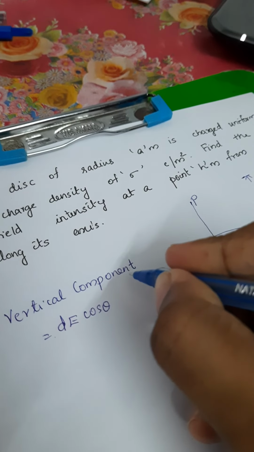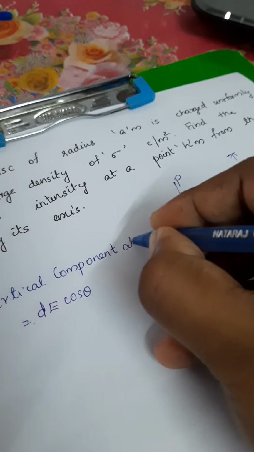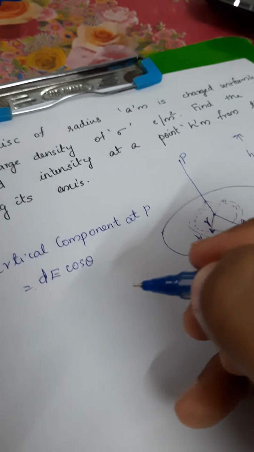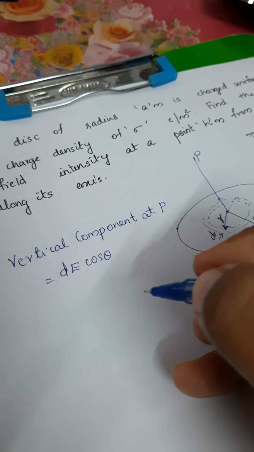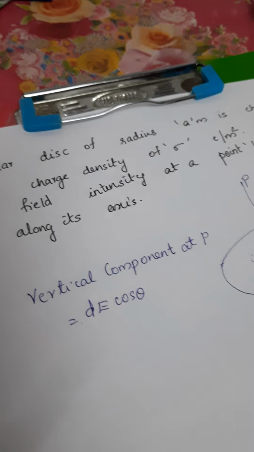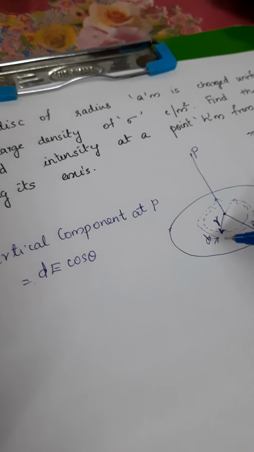So the vertical component of the electric field intensity at point P will be dE cos theta, due to this small ring having radius r and thickness dr.